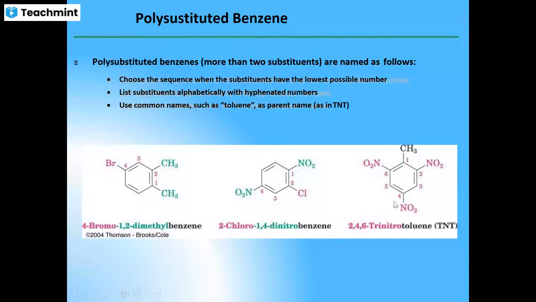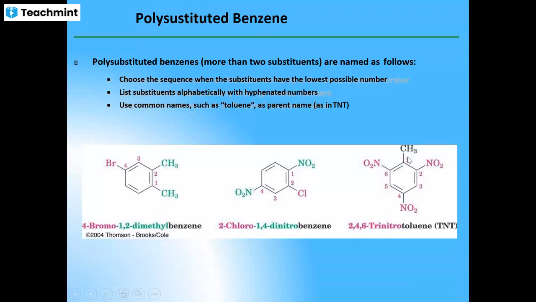Then the third compound, again we have to give numbering to it. The least possible numbers should be given to the substituents present on this benzene ring.